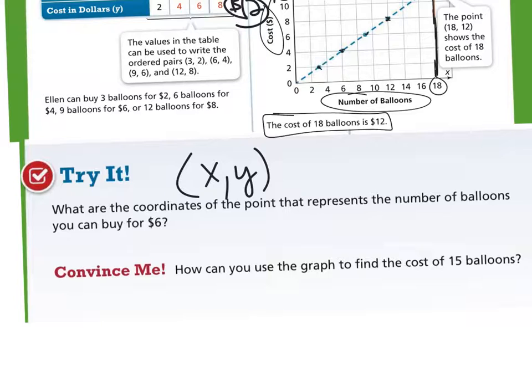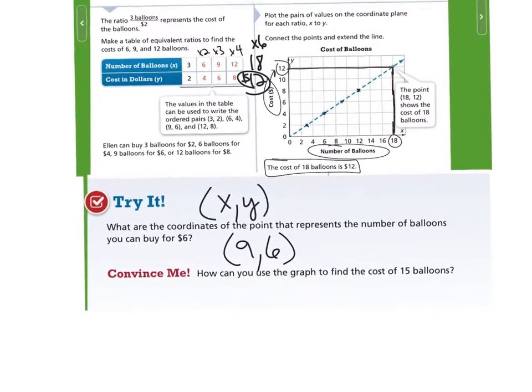So either way, we can see 9 balloons for $6. 9 is our balloons, is our X, and 6, the cost, is our Y. So (9, 6) would be the coordinates of the point that represents the number of balloons for $6.